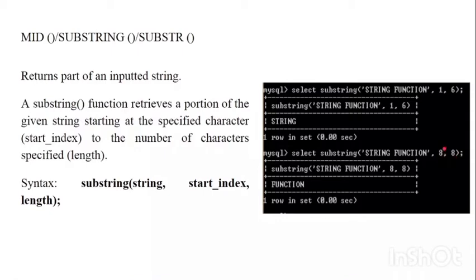That is, it should start from position 8 and 8 characters are to be extracted: 1, 2, 3, 4, 5, 6, 7, 8. So from F, 8 characters are to be extracted. So this substring function will be extracted from the string.